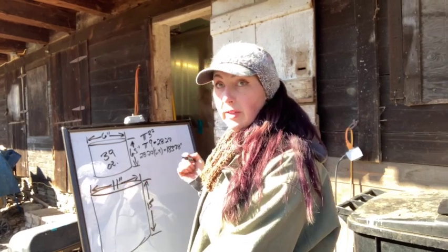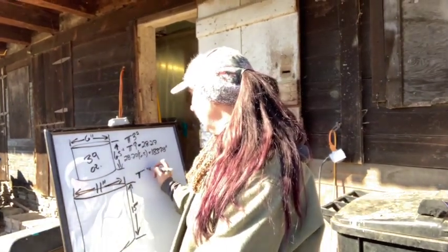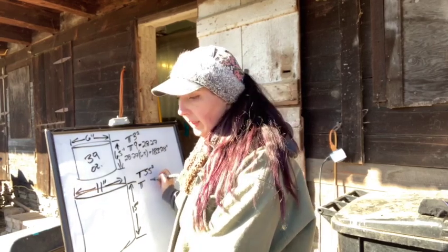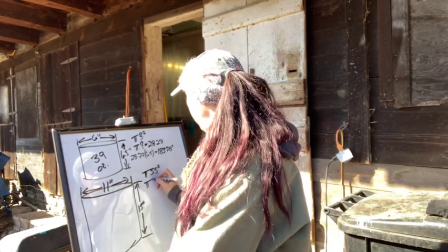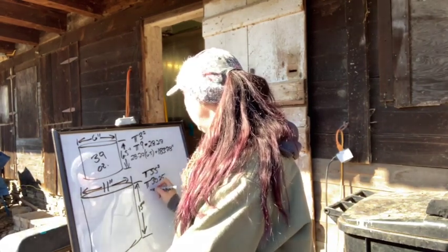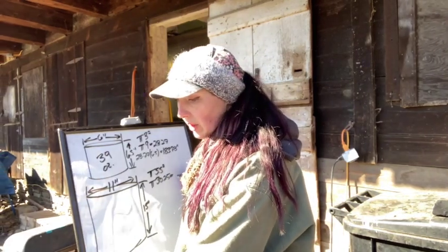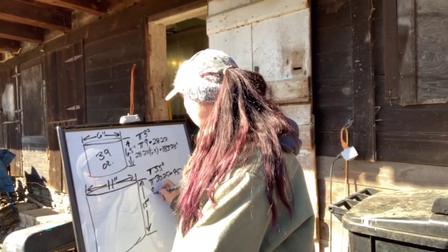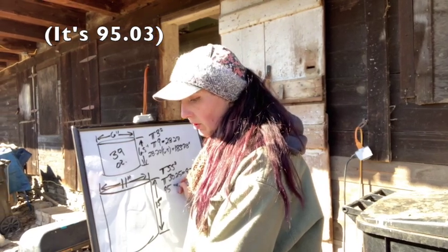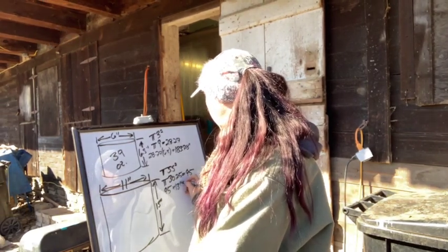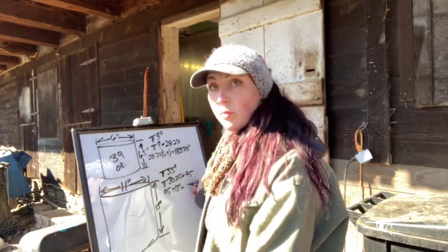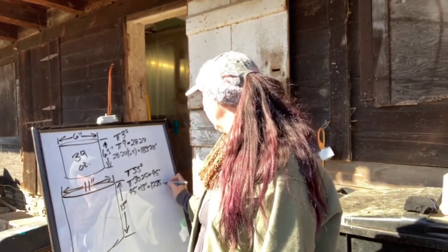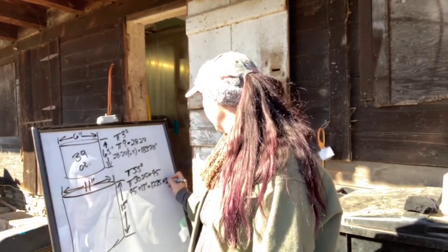So there again, we do pi r squared. The radius would be 5.5 squared, so pi times 30.25, and that is about 95. Multiply that by 13 inches, and that equals 1,235.43.